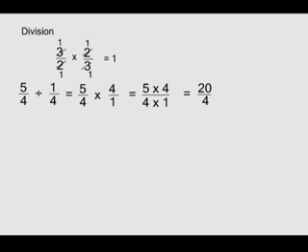That gives us 20 over 4, which is equal to 5. Or you could have taken the shortcut and cancelled out 4. Notice we are changing the divisor and not the dividend.